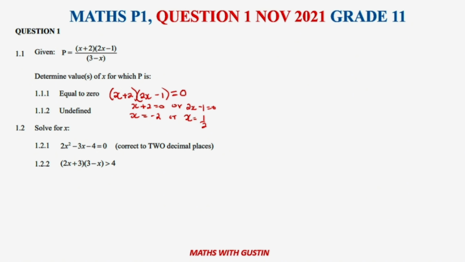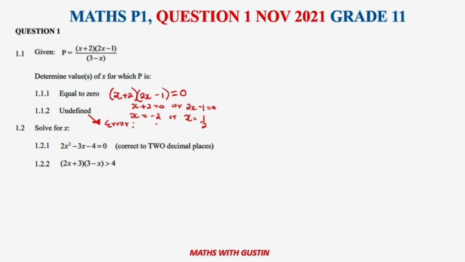And then undefined simply means that if you calculate this, it is going to give you an error on your calculator, guys. You can just double check it. It's when the denominator is equal to 0, because then it is 3 minus 3, therefore it's going to be 0. You know that in mathematics you can't divide by 0. So what do you have to do here?